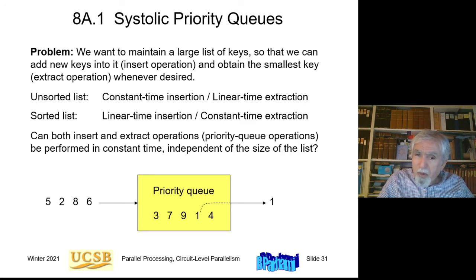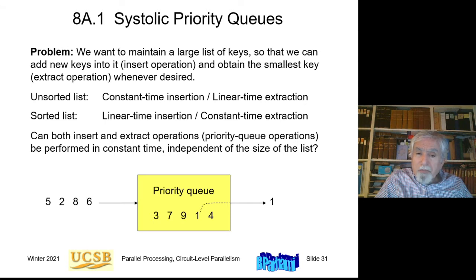So priority 1 is greater than priority 3, which is in turn greater than priority 4, and so on. So I'm interested in designing a hardware circuit that accommodates numbers as they come in, and then anytime I'm interested, I can go into this priority queue and grab the smallest number that is in there.